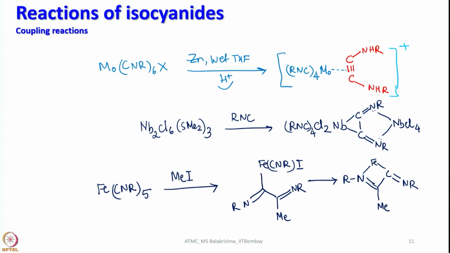It gives a metallated compound of this type. These are a few examples to understand the coupling reactions of isocyanides with various transition metals. One I showed you with molybdenum, another I showed you with niobium, and one with the homoleptic iron complex, pentaisocyanide iron. So, let us look into more reactivity of bound isocyanides in my next lecture.